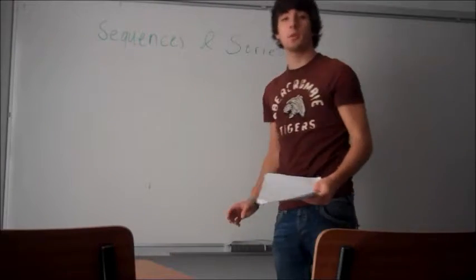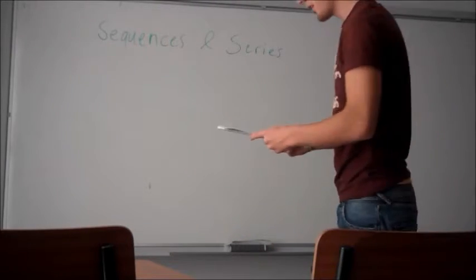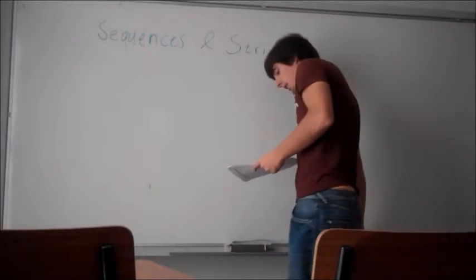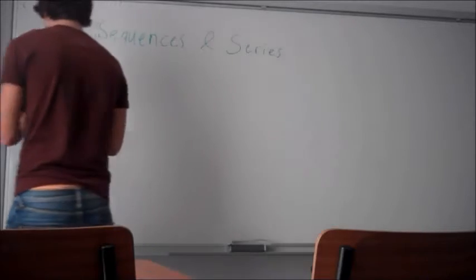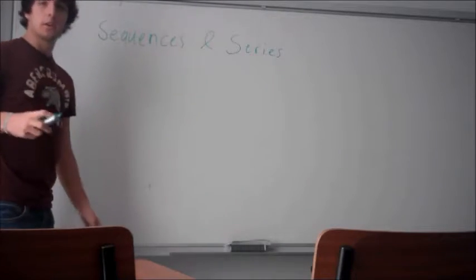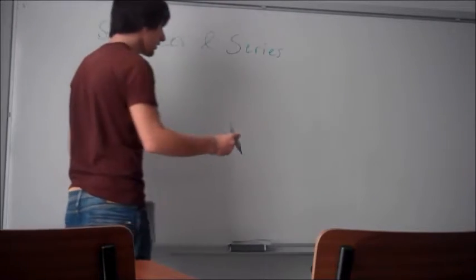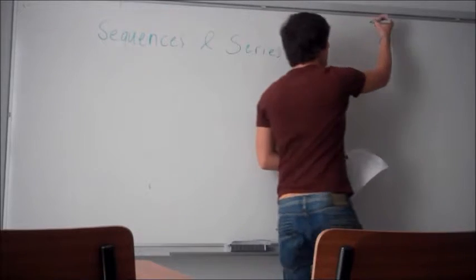There are two formulas for sequences. The first one is the nth term of an arithmetic sequence. This is used to find a specific number in the sequence. So let's put up our formulas here.